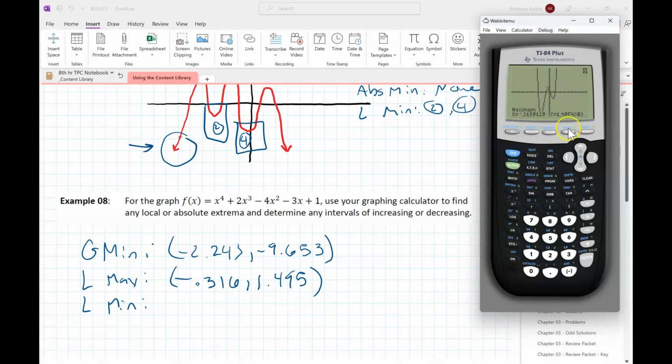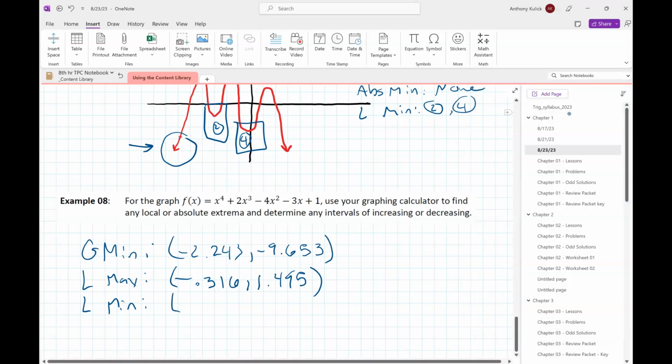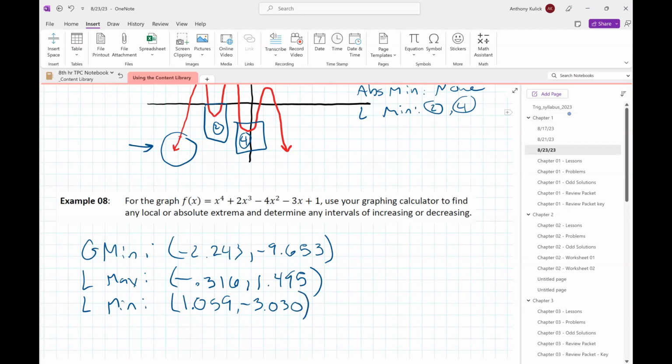I'm going to just punch it through real quick since it's the same thing that we've done a couple of times, picking the minimum command, left bound, right bound, guess, and there we go. Again, I'll write this down rounded to 3 decimal places. 1 decimal place, Mr. Coolett. What are you, crazy? I don't know, I just misspoke.